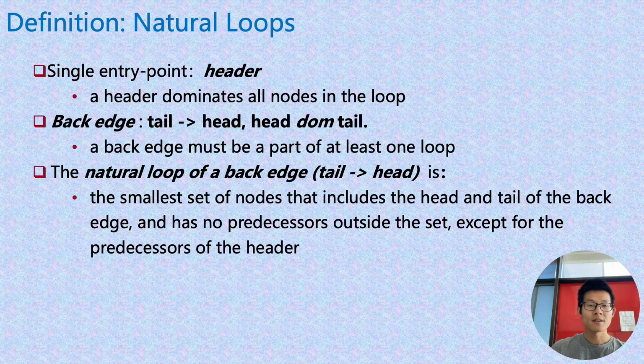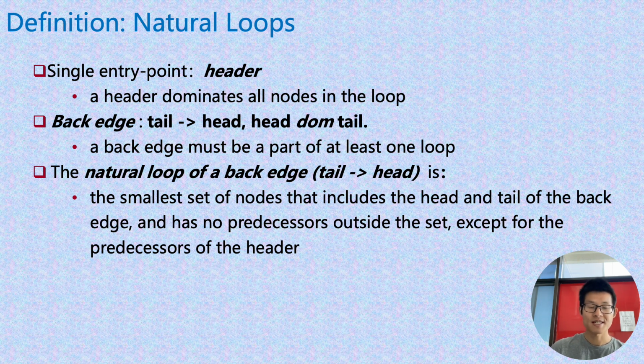Okay, now let's define the natural loops. A natural loop first has a single entry point called header. The header dominates all nodes in the loop. That means if you want to visit any nodes inside the loop, you must first go through the header node. A natural loop also has a back edge.